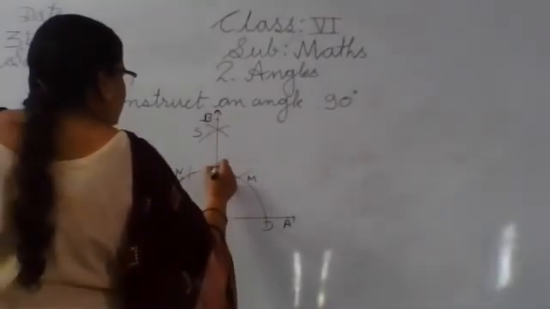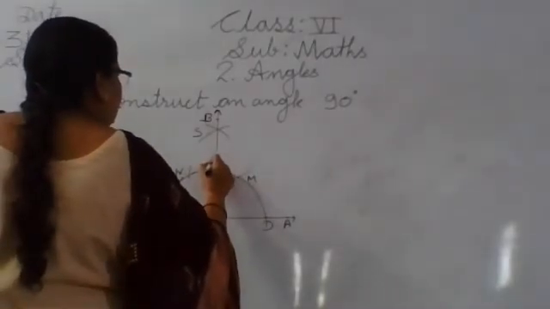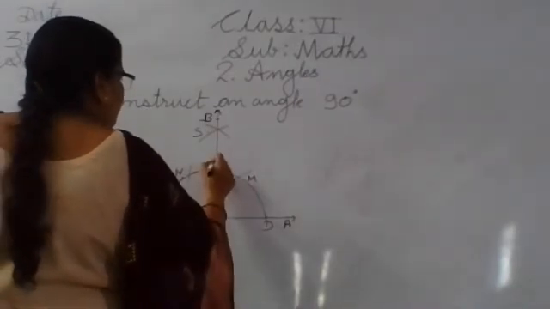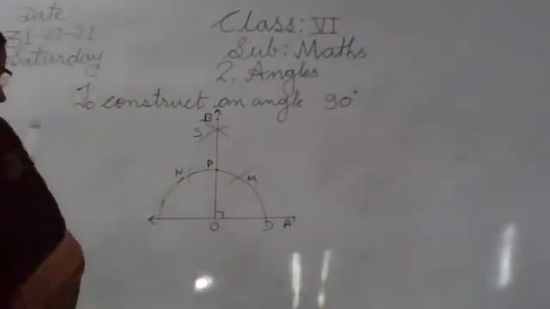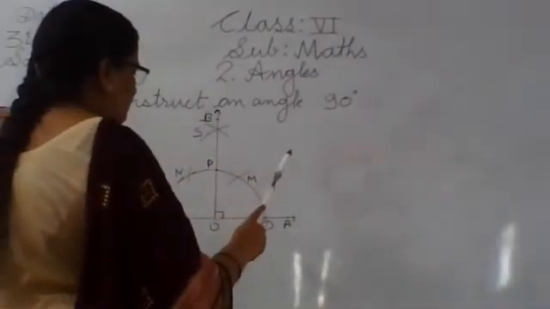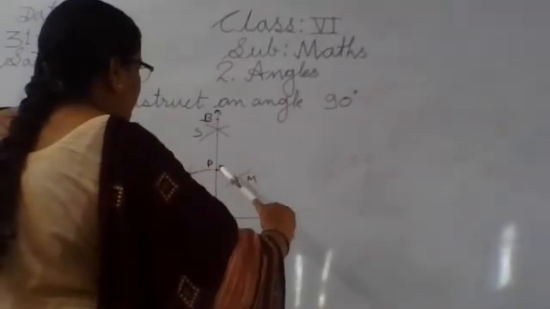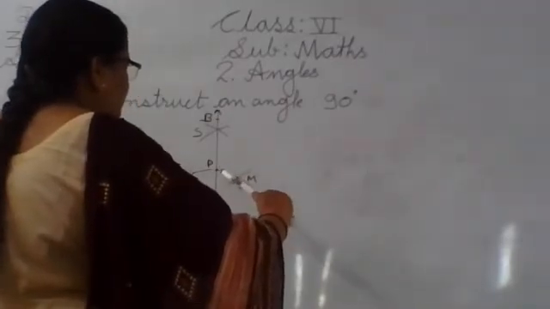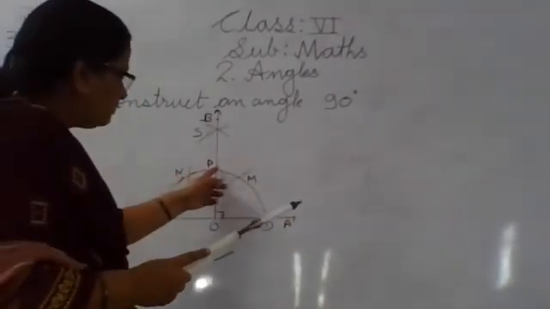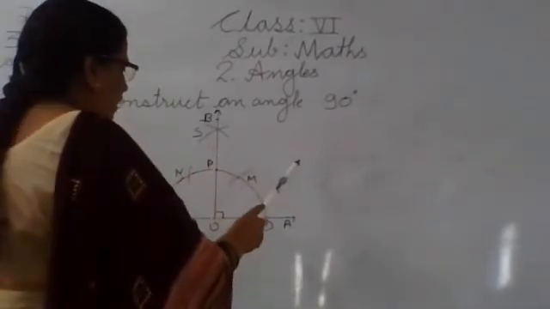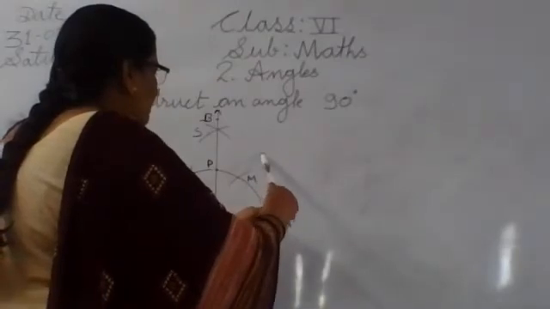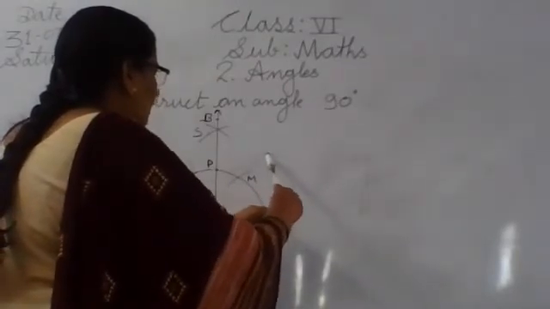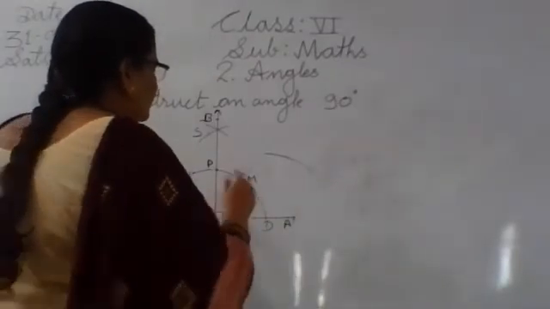So let us give the name P. Okay. So take a distance more than this D, arc PD, and mark an arc like this. Okay.